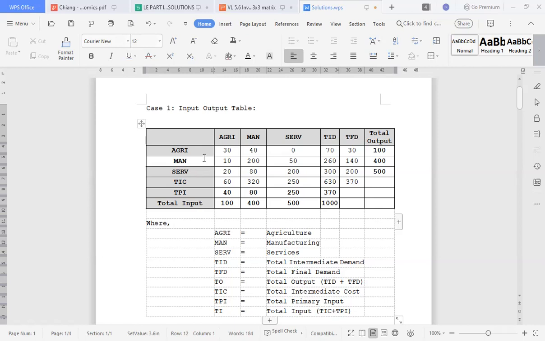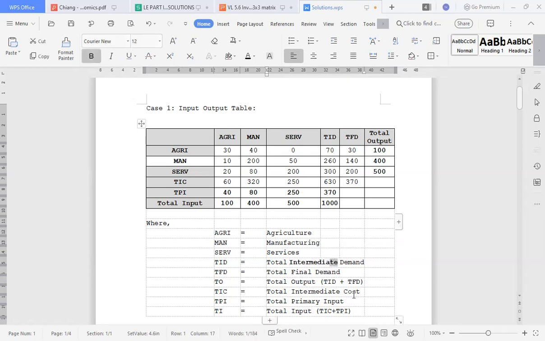So supposing that we have an input output table here. Let's try to define. We have agri, so agri is again agriculture, manufacturing, serve is services. Total intermediate demand is TID. By the word intermediate, it means that it is not the final usage. It is not the final allocation.